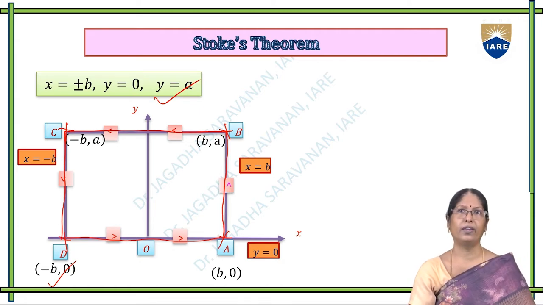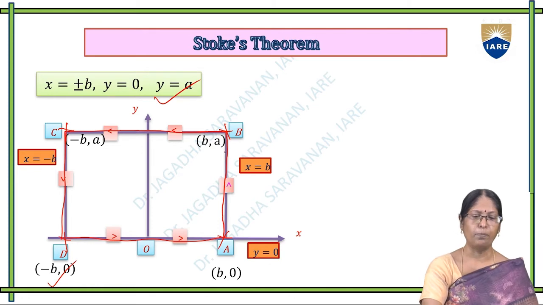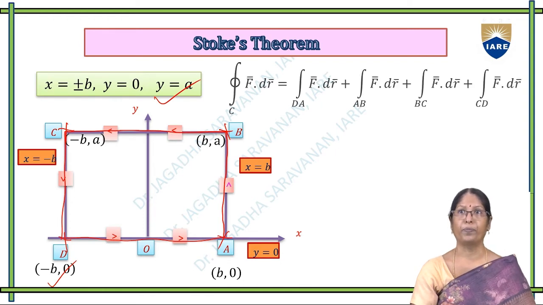After addition, the result should be minus 4a square b, because we already evaluated the surface integral of curl f dot n ds, which is equal to minus 4a square b. Now our line integral also, DA, AB, BC, CD, if we add, we should get minus 4a square b.